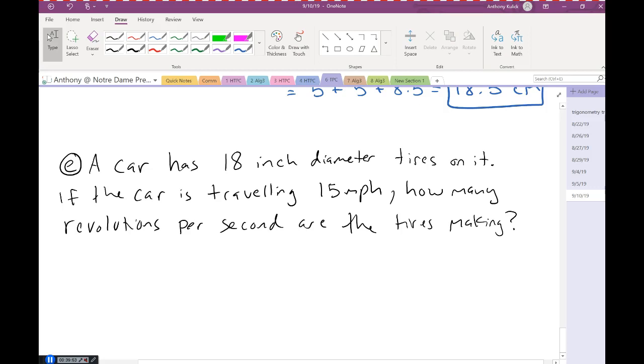So this problem says a car has 18-inch diameter tires on it. If the car is traveling 15 miles per hour, how many revolutions per second are the tires making?